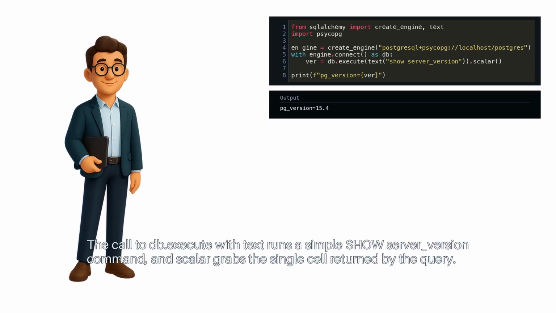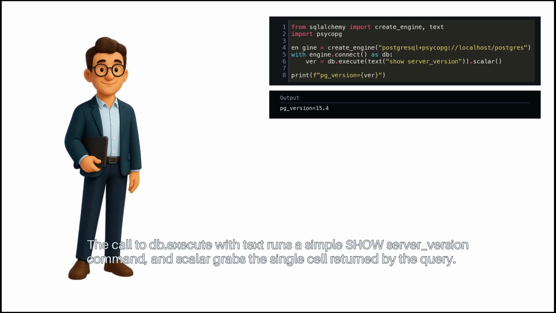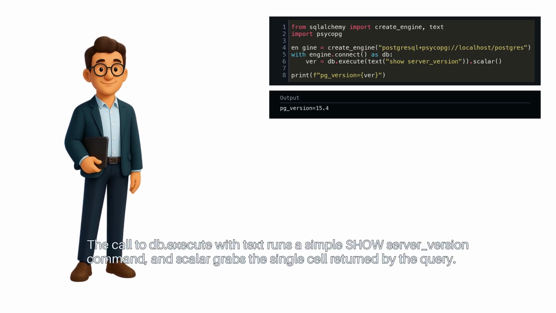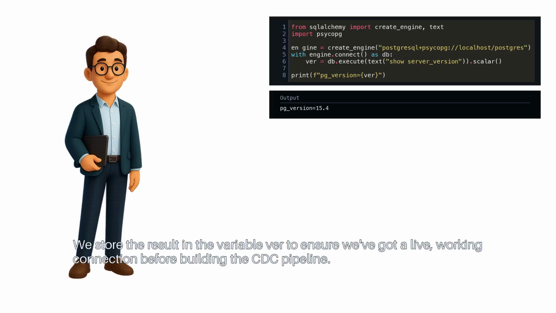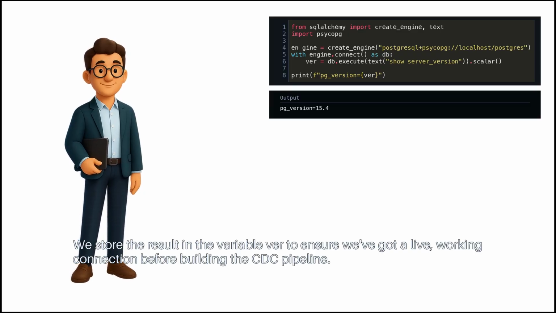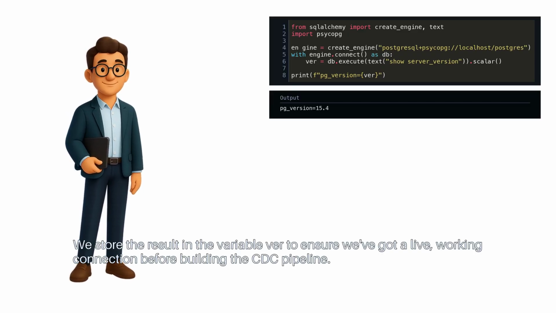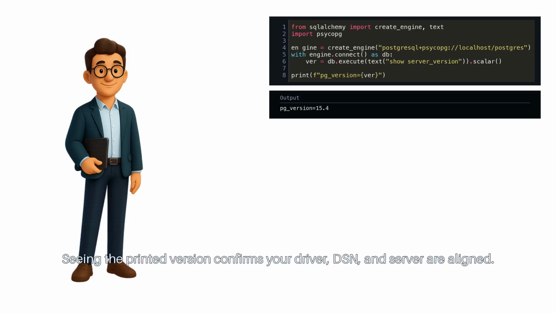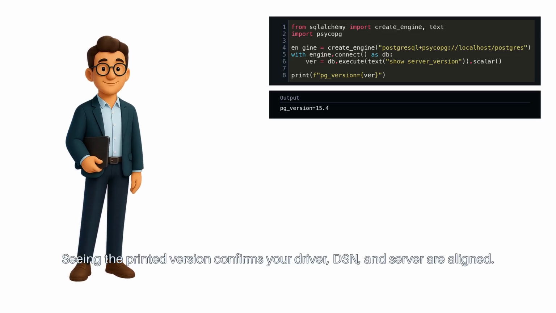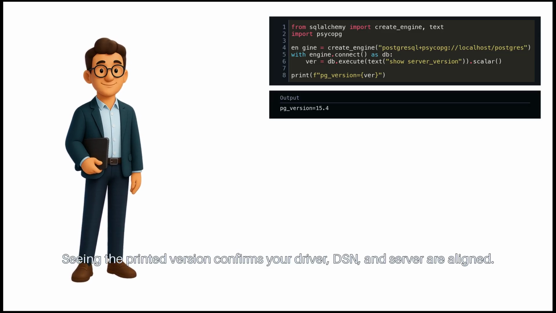The call to db.execute with text runs a simple show server version command, and scalar grabs the single cell returned by the query. We store the result in the variable ver to ensure we've got a live working connection before building the CDC pipeline. Seeing the printed version confirms your driver, DSN, and server are aligned.